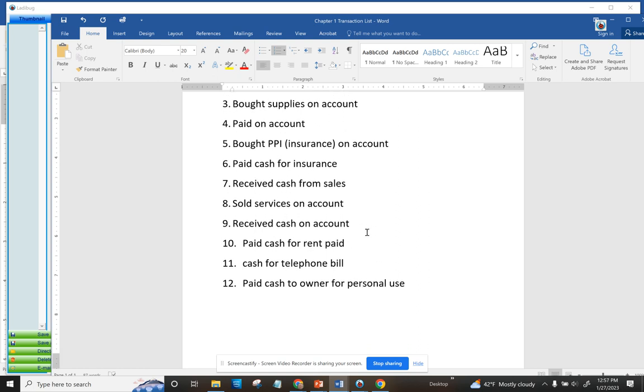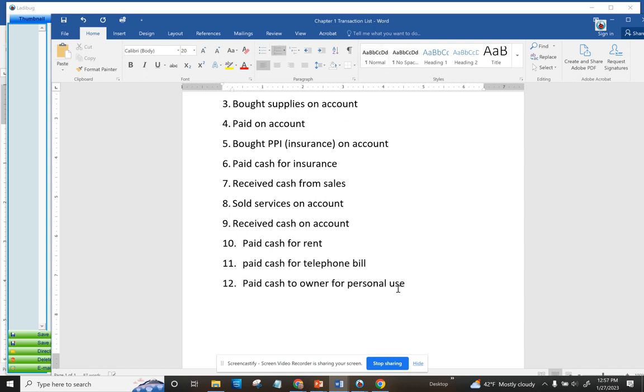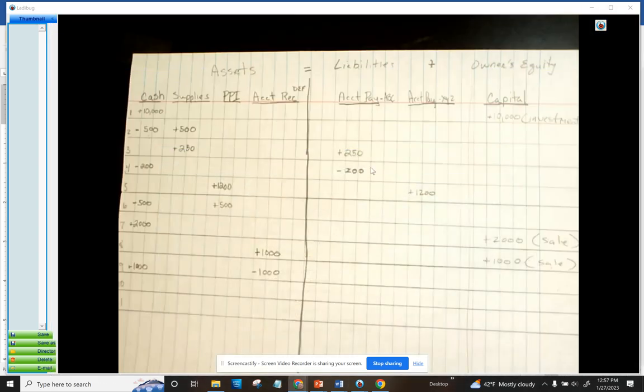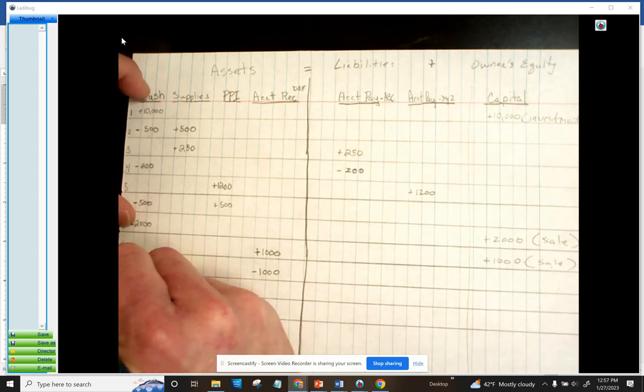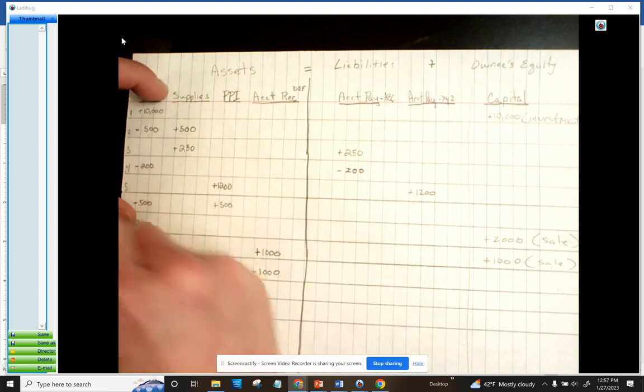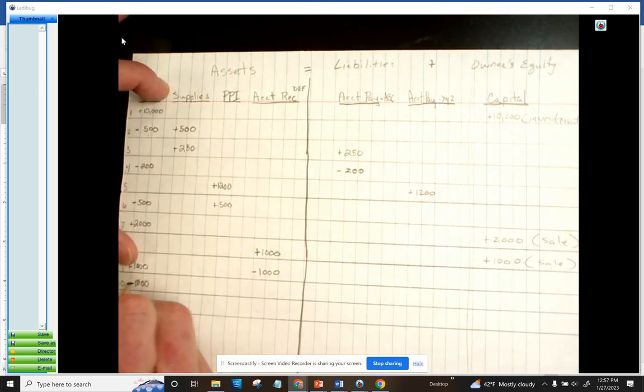All right. Paid cash for rent. Paid cash for telephone bill. Pretend this didn't happen. And paid cash to owner for personal use. Okay. We paid cash for rent. Let's pretend our rent was $1,500. Whoops. Not plus, a minus.